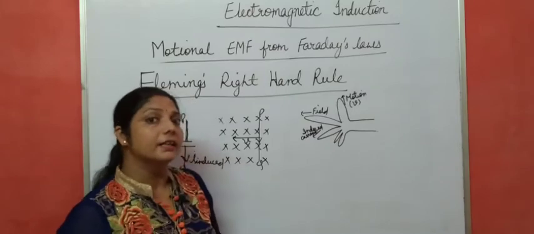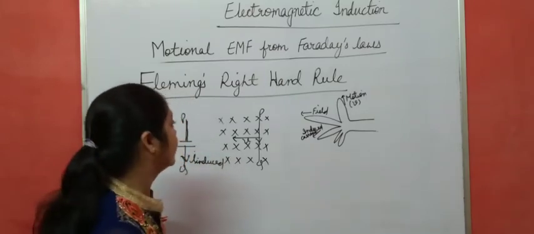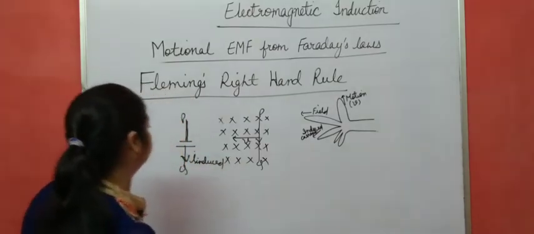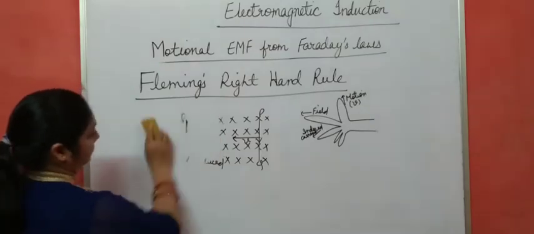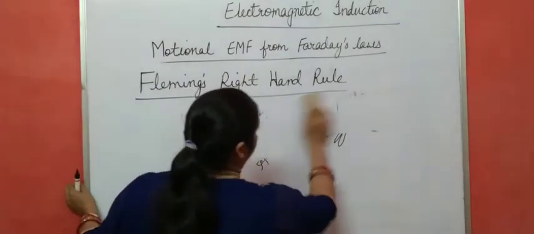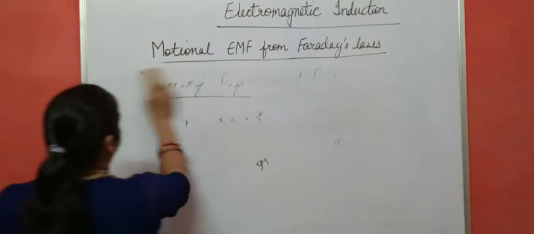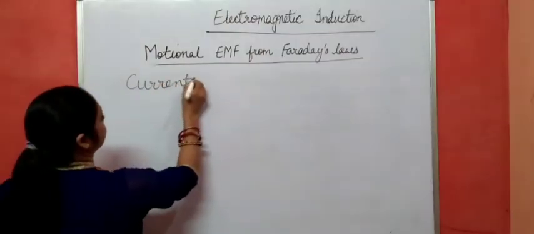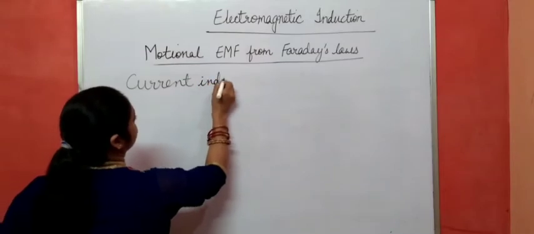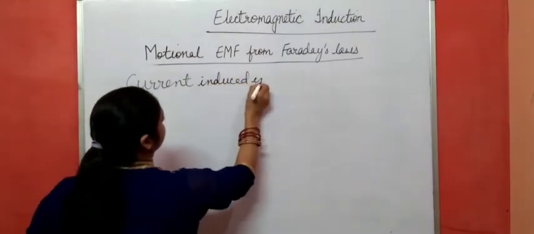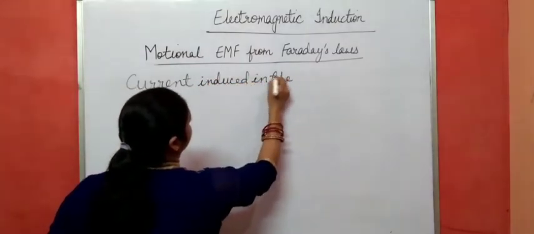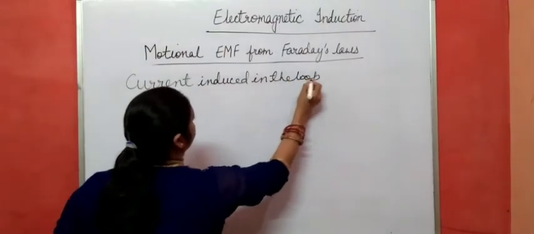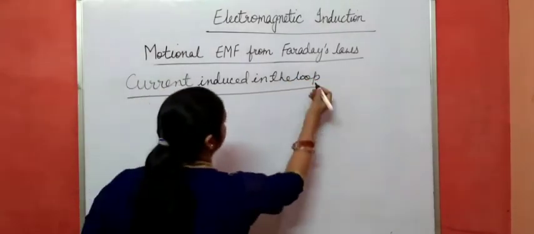Now, I have already derived the expression for induced EMF. What is the expression for induced current? Now, current induced in the loop. What is the current induced in the loop?